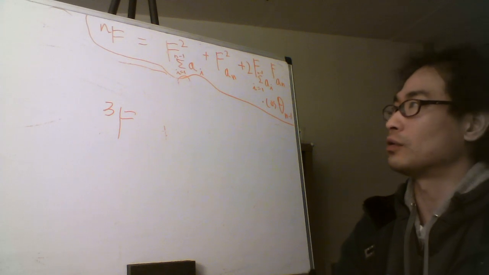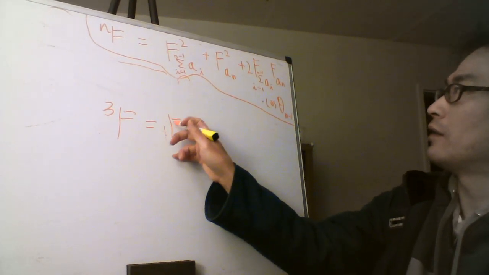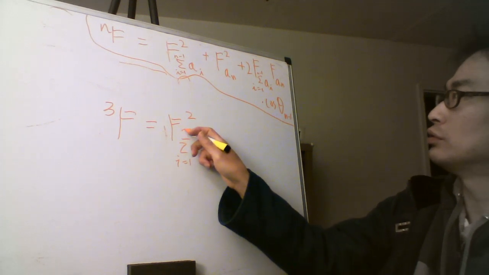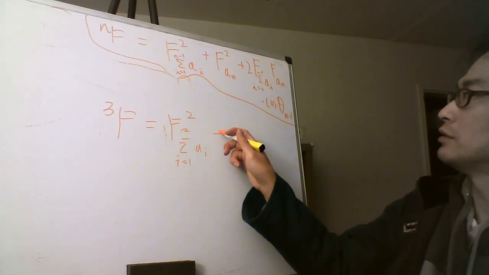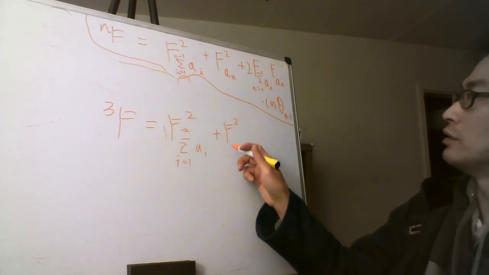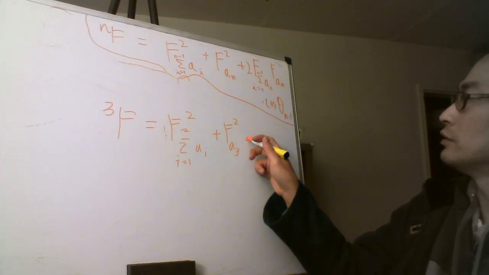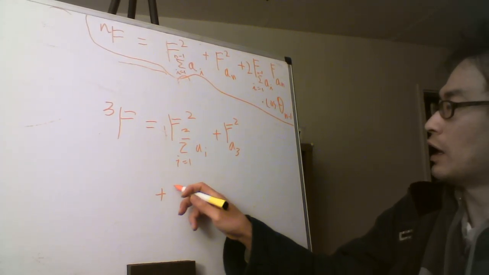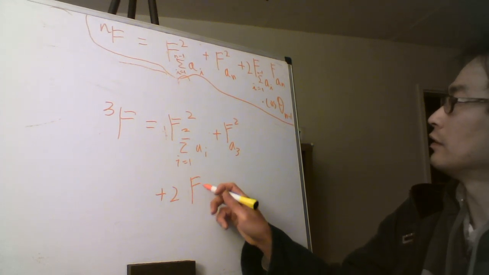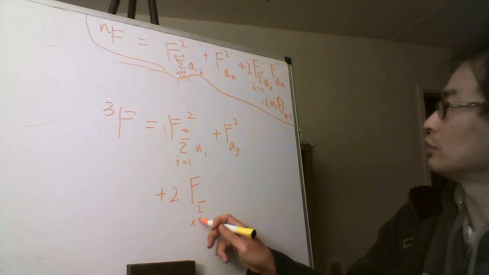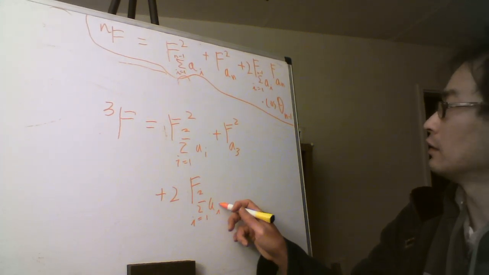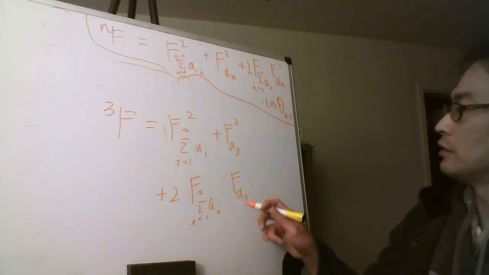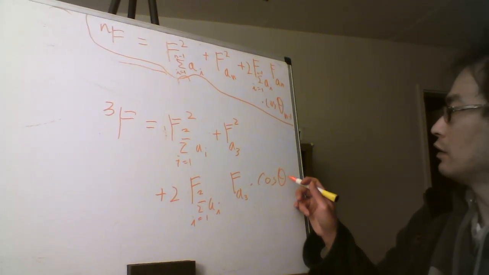Vector summation of 3 vectors: f squared of sigma i is equal to 1 to 2 a i, plus f squared of a3, plus 2 times f of sigma i is equal to 1 to 2 a i, multiplied by f of a3 times cosine theta 2. Okay?